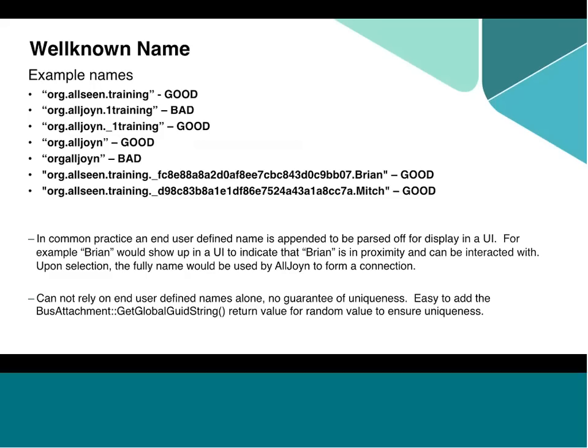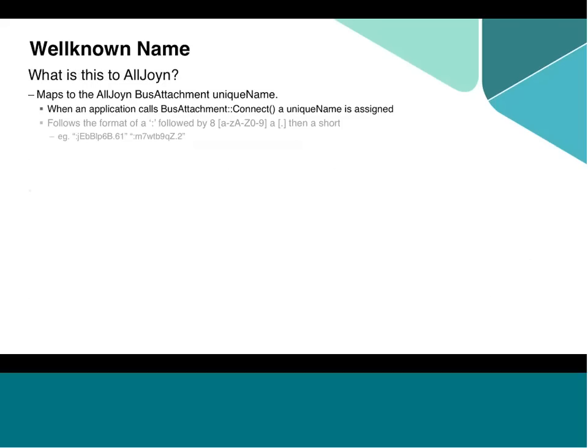So well-known names, what they mean to AllJoyn is a mapping to what's called the unique name. The unique name is what's assigned to any leaf node or any application that's connected to a routing node and is using the AllJoyn APIs. It gets assigned when you use a call to connect to the AllJoyn bus.